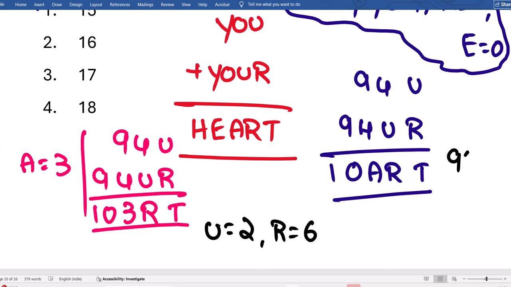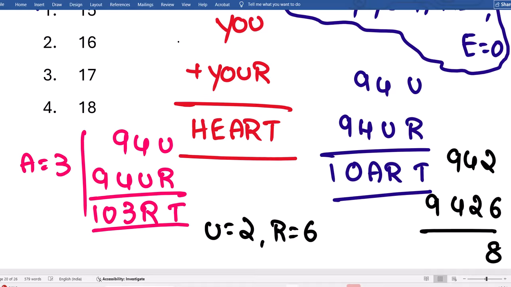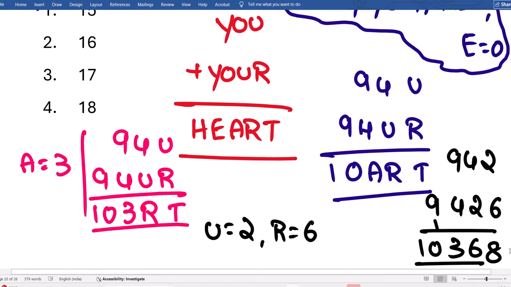So you just check it out. This is trial and error. We have to try different values and check whether this is satisfying or not. In HEART, all different letters, and you can check yes, it's matching.